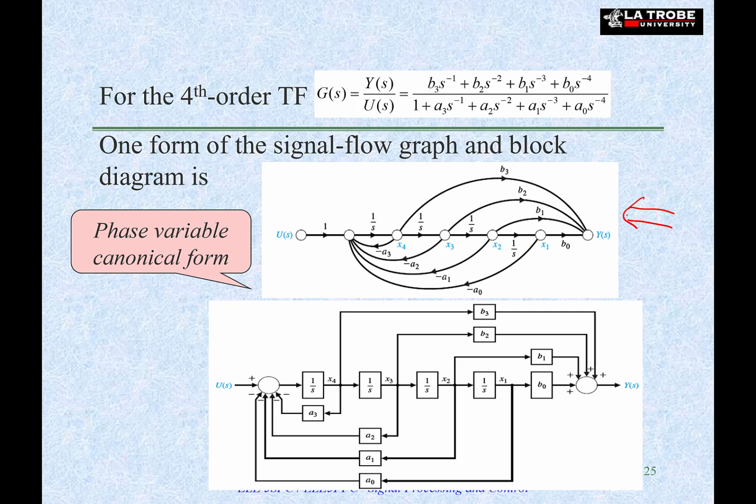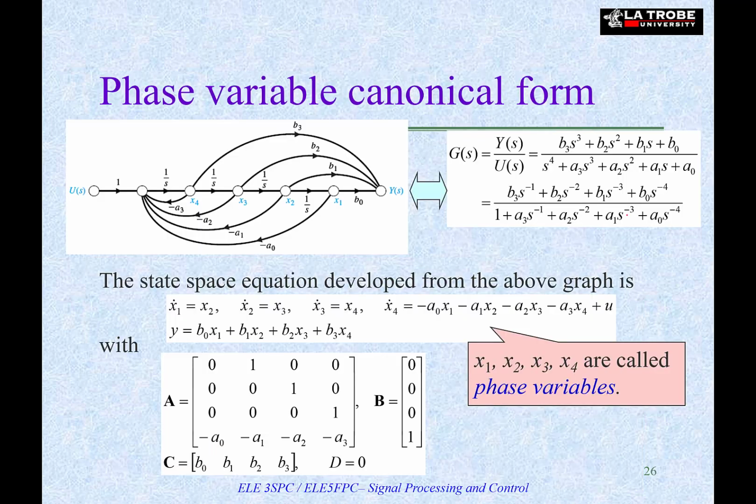So when you draw the signal flow graph in the way I just demonstrated, you are getting the phase canonical form for the state space representation of the system. On the bottom of this slide, it shows you the block diagram of the same system. Now let's look at how to derive the state space representation of this phase variable canonical form.